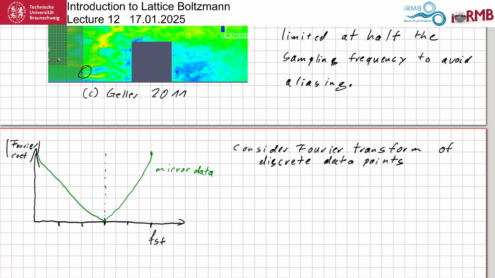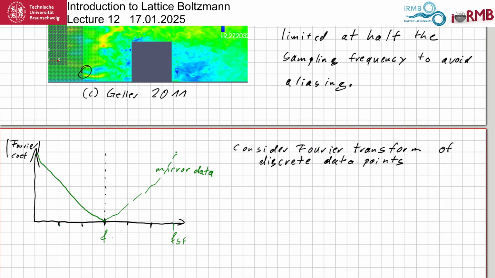It's looking ugly because it is ugly. I did not put it in the right place. This would be FSF, so it would end up here and go up until here, right? I messed a little with my plot. It should have the same distance. So here is the half frequency.